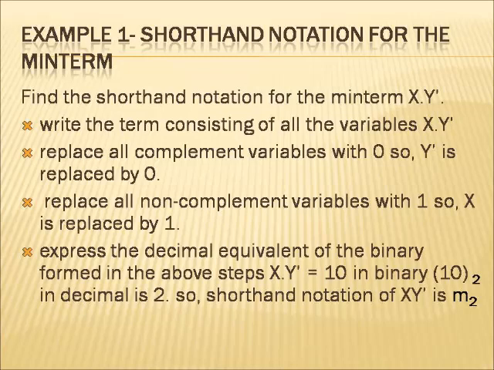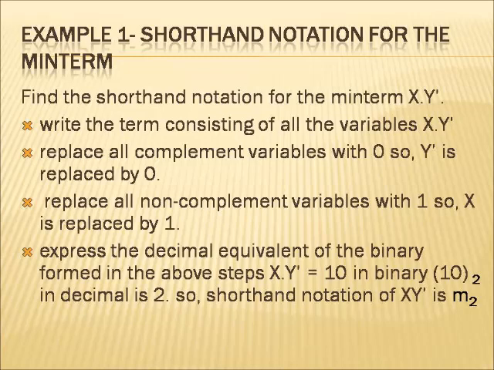So we can replace all complement variables with 0 and normal variables with 1. So in the given case, x dot y bar is the min term. So we can replace x with 1 and y with 0, right?